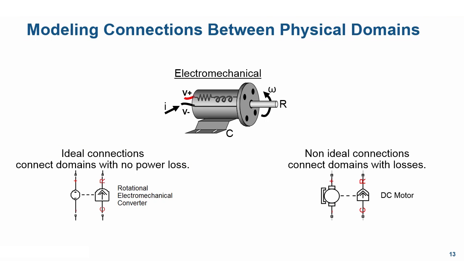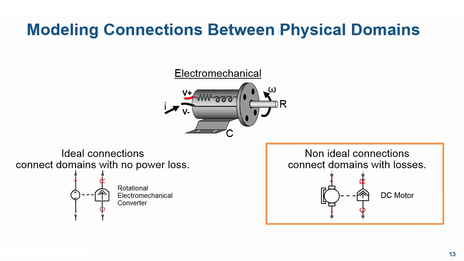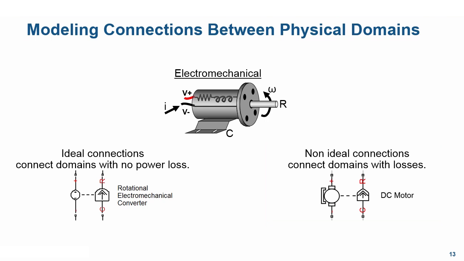It is not always the case that connections between domains provide an ideal transfer of energy. Often, you may want to model energy losses in the system as you convert from one domain to another. For example, a DC motor here can model copper losses due to thermal effects. Let's switch to MATLAB to see how to build this multi-domain system.